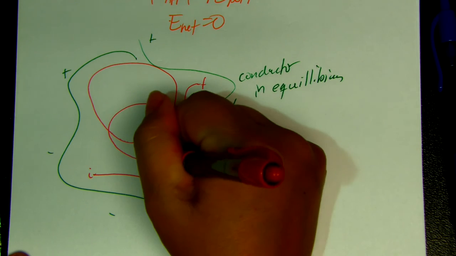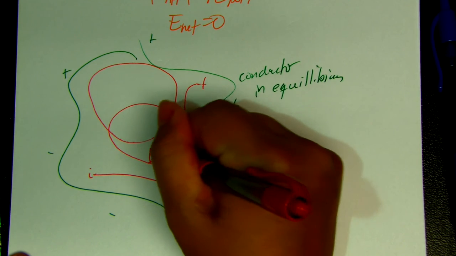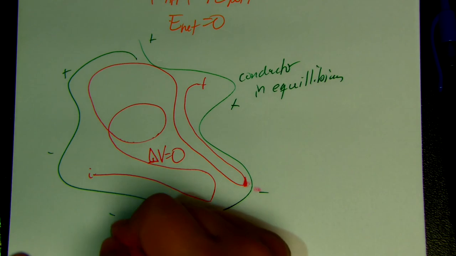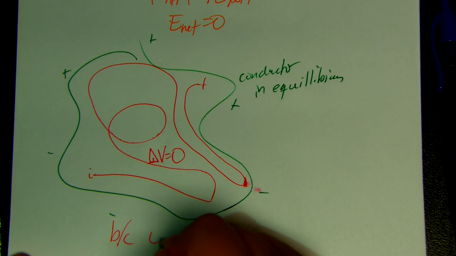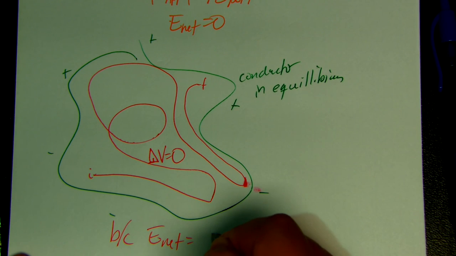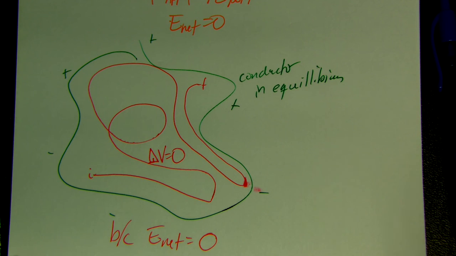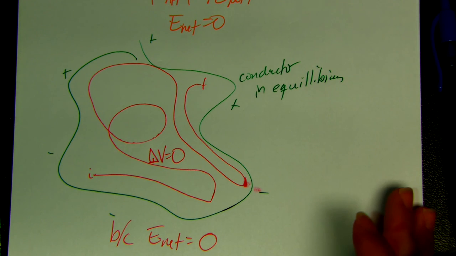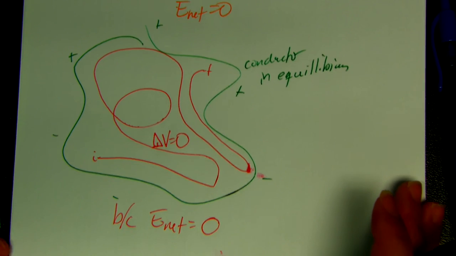Delta V for that distance is equal to 0 because E net is 0. So any path that you take within a conductor always gives you a delta V of 0.